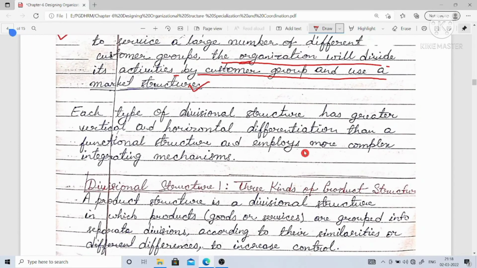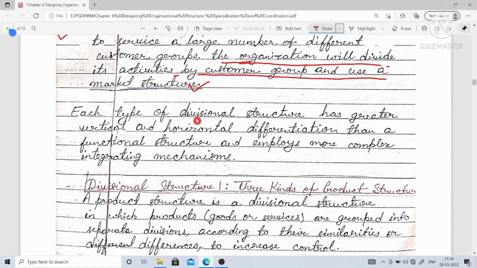Each type of divisional structure has greater vertical and horizontal differentiation than a functional structure and employs more complex integrating mechanisms. Now you can see the difference between the functional and the divisional structure.